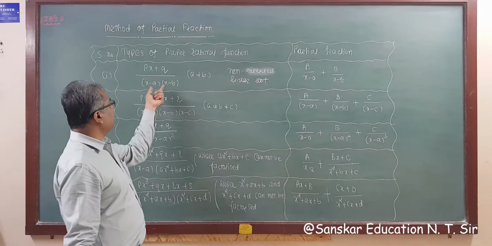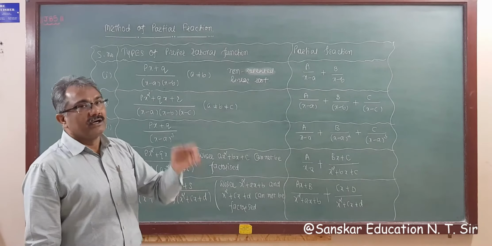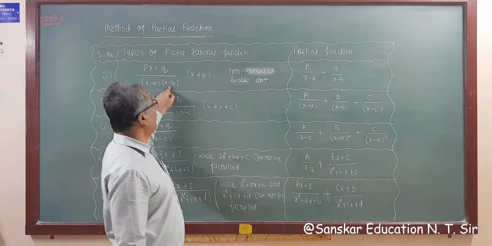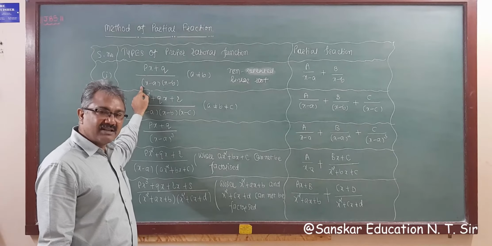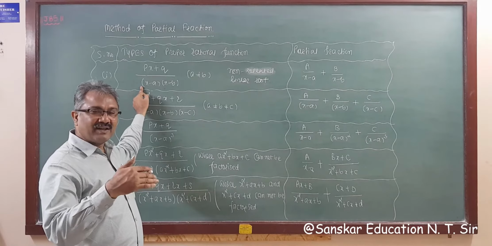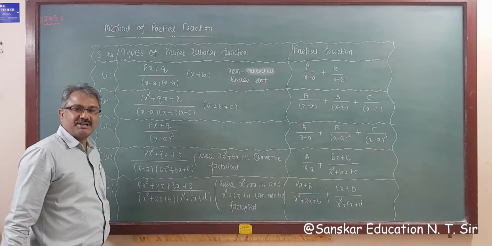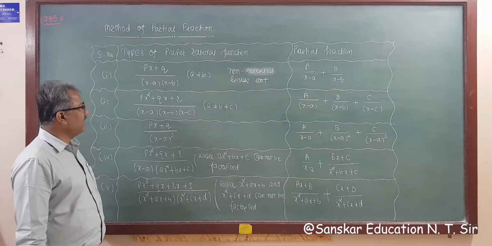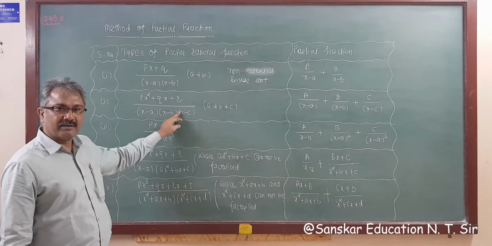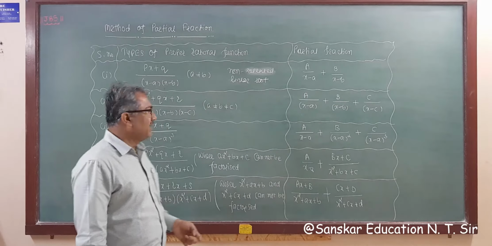Whatever factors are in the denominator, you have to take a constant for each. Order is not important. You can write a upon x minus b plus b upon x minus a also, no matter. The first term will become the second and the second term will become the first, otherwise no change in your answer.